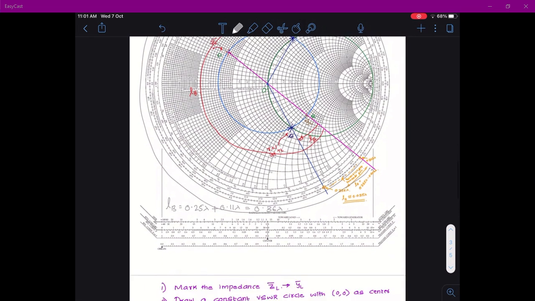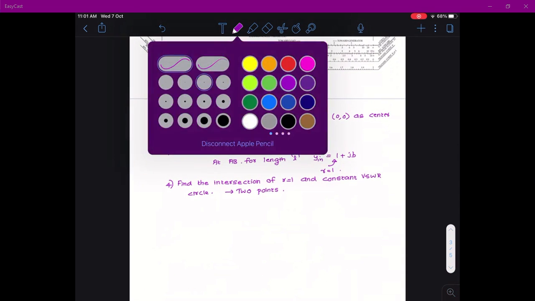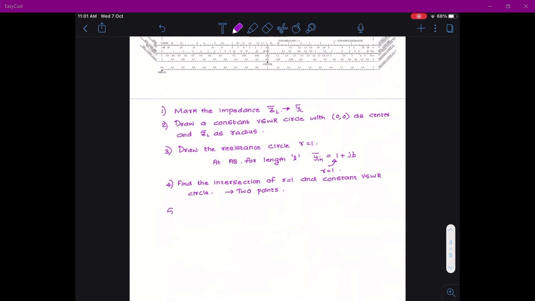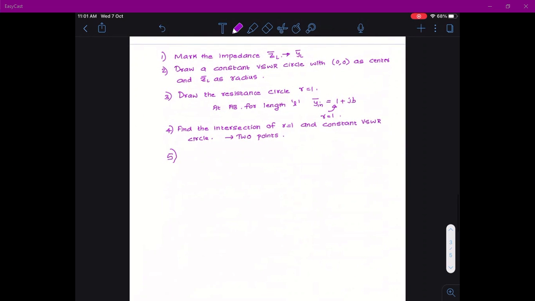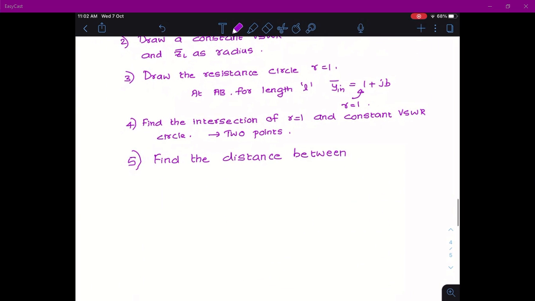Fine. So let us write down these steps. The fifth step, after we find the intersection of r equal to 1 and the constant VSWR circle, is to find the distance between YL bar and the points of intersection.